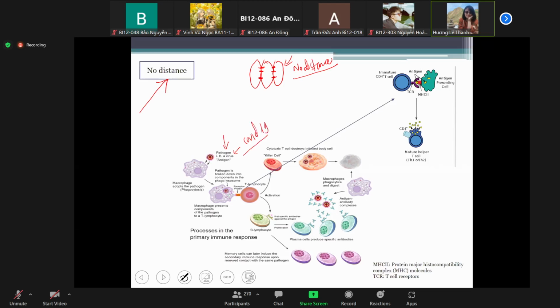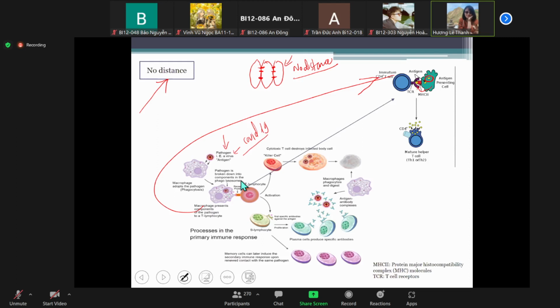When they attack our bodies, the immune system will digest them. After digesting the pathogens, they will have some kinds of antigens, the yellow here, and they send them to their surface.